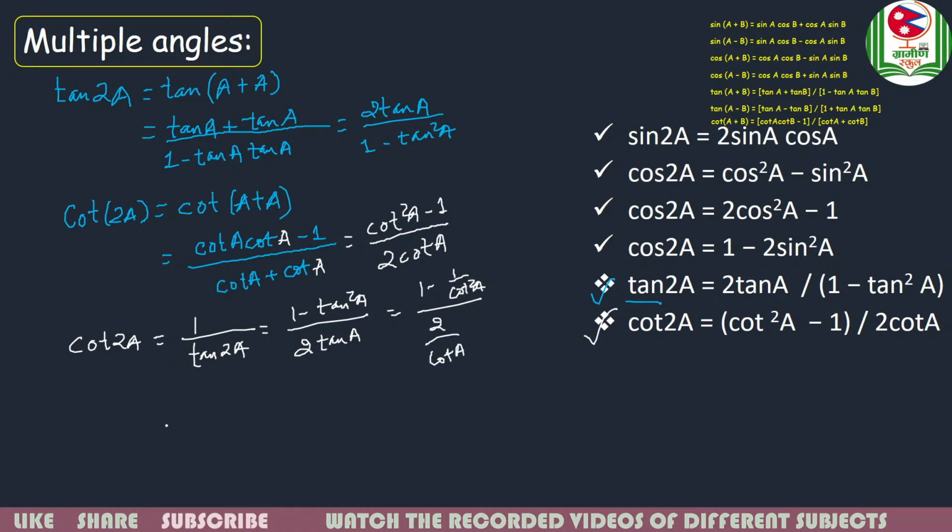Okay, so on further simplifying, cot square a minus 1 upon cot square a, and whole divided by 2 by cot a. So it is going to be cot square a minus 1, one cot is cancelled out, so the result is 2 cot a.